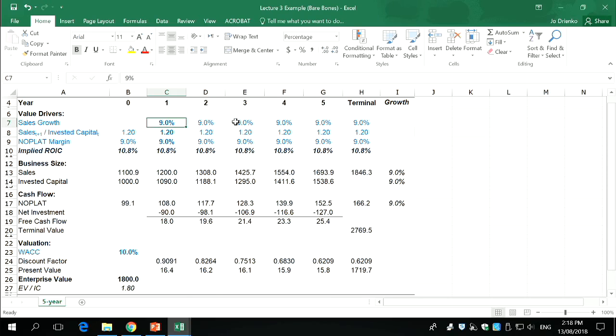But, as I showed you last week, when my ROIC is less than my WACC, if I start increasing my growth, this is why growth is useless as a number by itself. If I start increasing growth, look what happens to the value. It starts going down, which means I'm increasing in size as a company, but I'm actually increasing in size by investing in negative NPV projects.